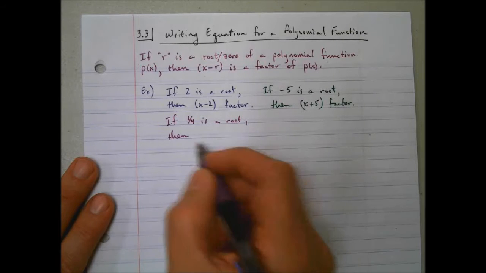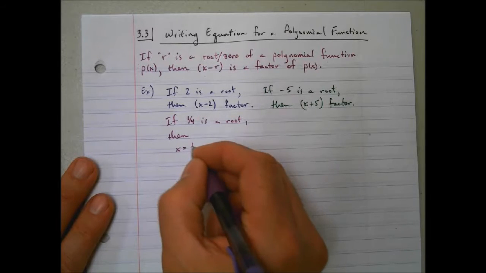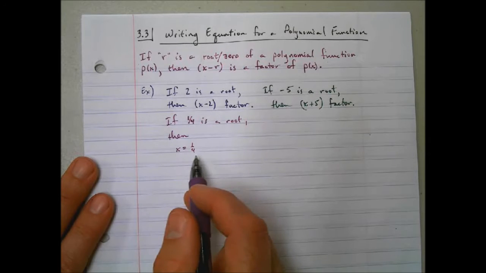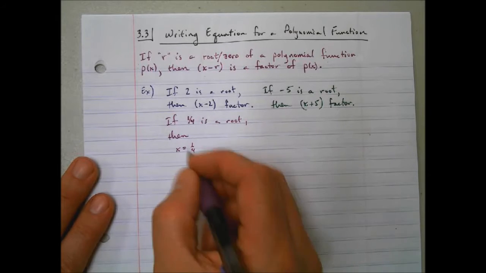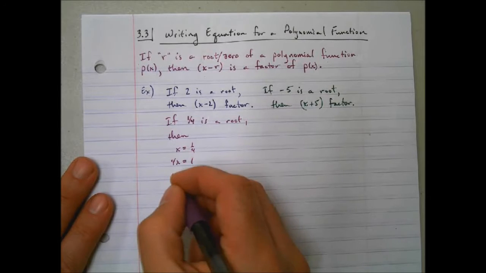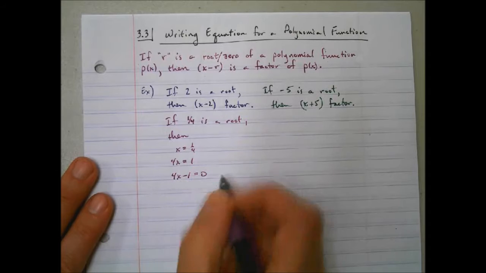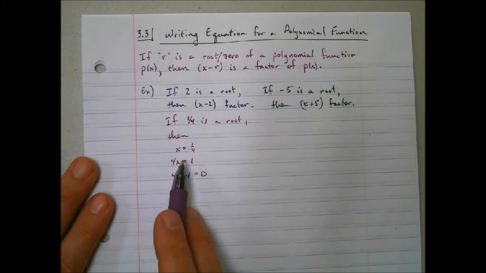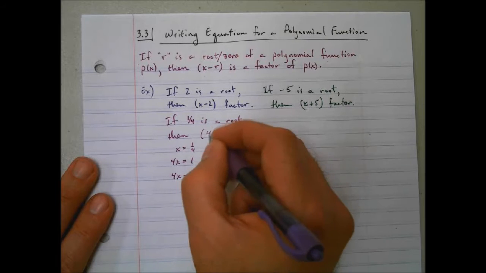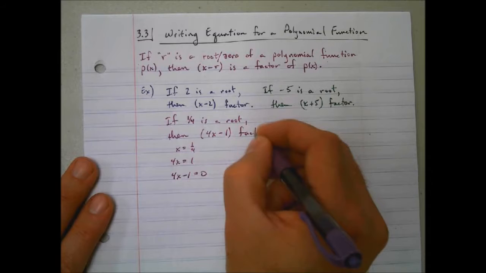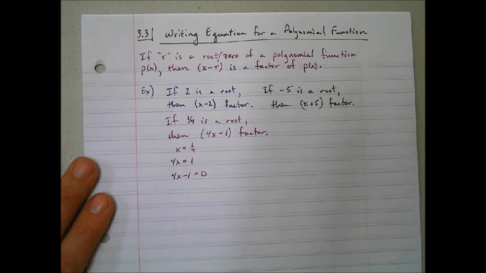So what we really do is x equals 1/4, and let's get it so that there's 0 on the other side. I can multiply by 4 and subtract the 1. And so 4x minus 1 contains that root of 1/4. So 4x minus 1 is a factor.